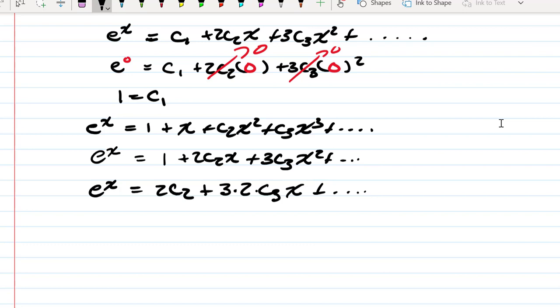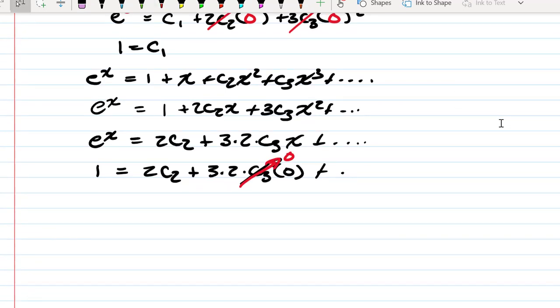We get this, and if we evaluate it at 0 again, we get 1 equals 2c2 plus 3 times 2 times c3 times 0, and once again, all of the higher order terms are going to have a factor of 0. So this leaves us with the equation 1 is equal to 2c2.